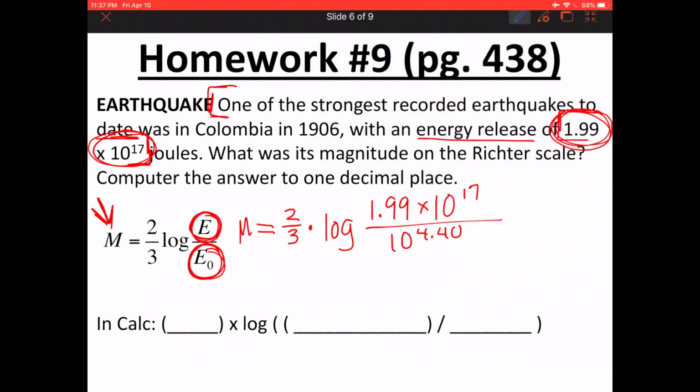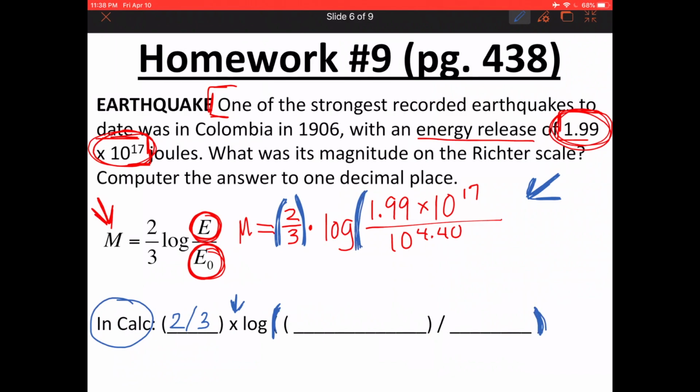This is honestly the trickiest part, putting your equation correctly into the calculator. So notice I've kind of helped you out a little bit. We're going to set it up how you should type it into the calculator. Remember, 2/3 should be in parentheses because it's a fraction. So in the calculator, we're going to put parentheses 2 divided by 3. Then we do our multiplication symbol times log. Now remember, you're going to have a general set of parentheses for the entire log.